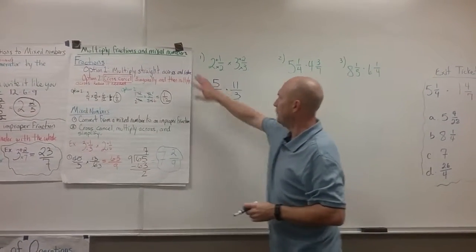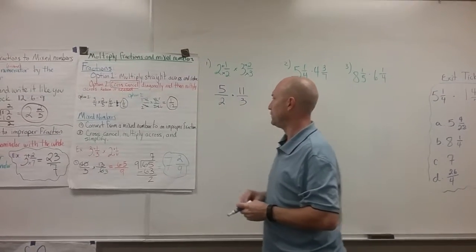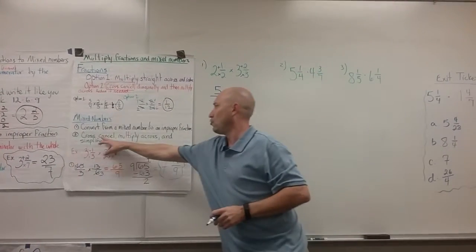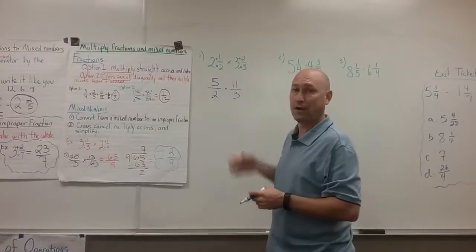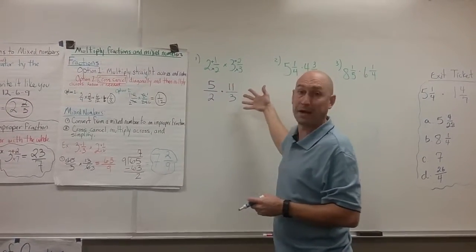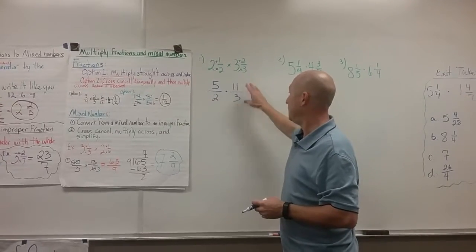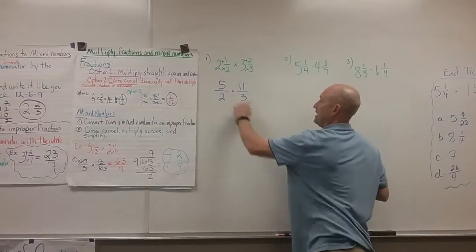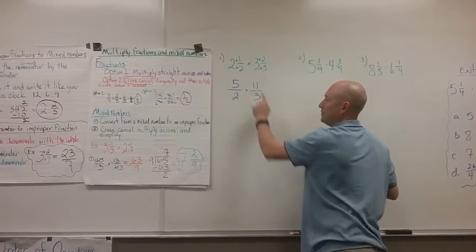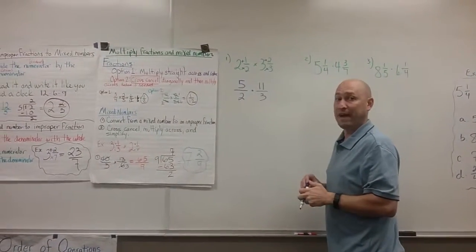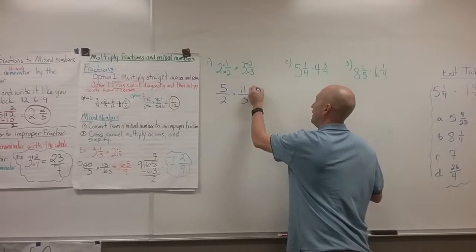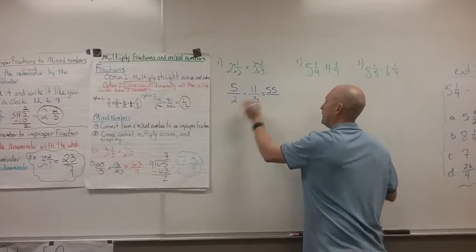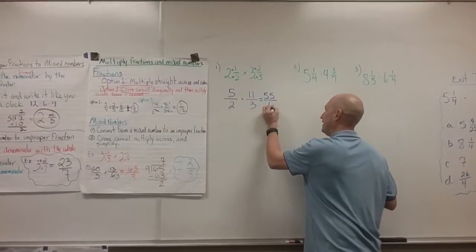Now I want to go back to my rules for fractions. I want to cross-cancel, multiply across, and simplify. Or if I can't cross-cancel, I just need to go straight across and multiply. I don't see anything with 3 and 5 and 2 and 11 that have common factors, so I have to go straight across here. So 11 times 5 is 55. 3 times 2 is 6.